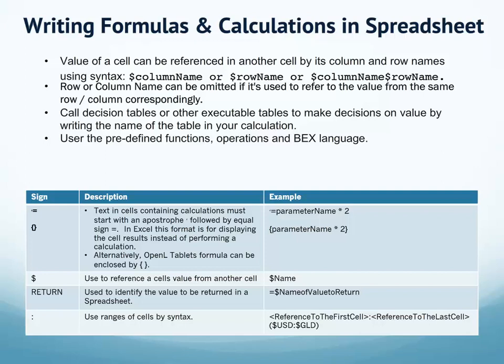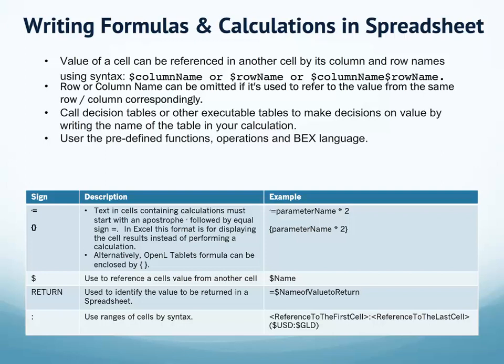So here's some syntax that you need to know when writing formulas and calculations in your spreadsheet type of table. The value of a cell can be referenced in another cell by using its column and row names and using the syntax of the $ sign. Also, the row or column name can be omitted if you're using the same corresponding row, like you just saw on the previous slide.